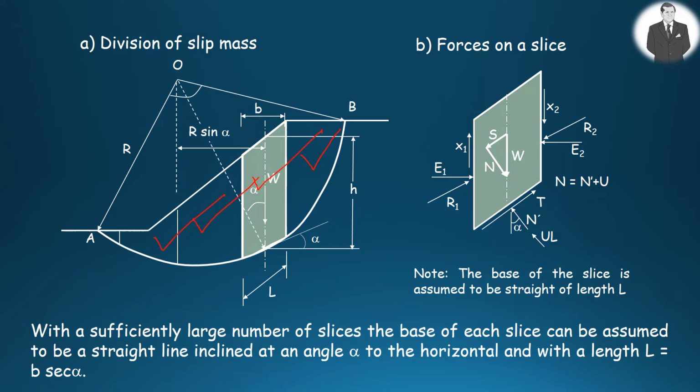And in the figure on the right-hand side, you see the forces acting on each slice. With a sufficiently large number of slices, the base of each slice can be assumed to be a straight line inclined at an angle alpha to the horizontal, as shown in the figure, and with a length which is equal to b times secant alpha.